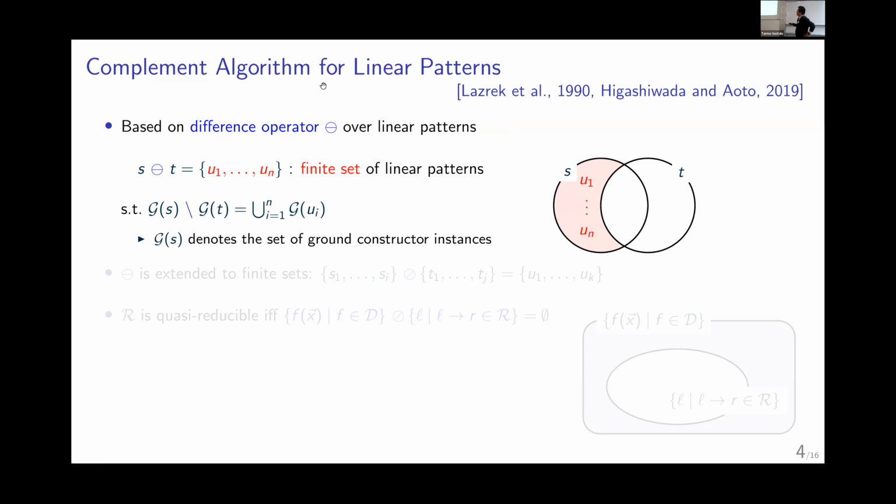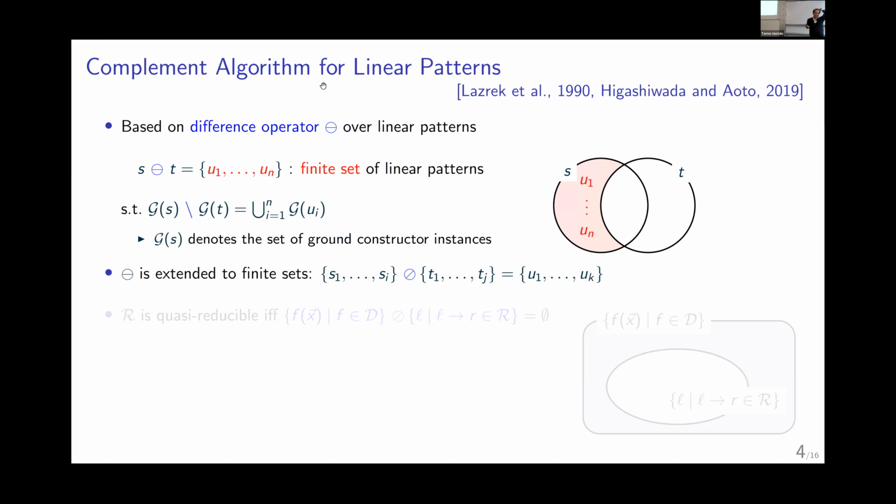G of S denotes the set of ground constructor instances. This circle represents the ground constructor instances of S, and this one for T. And this part, colored red, is what the difference represents.